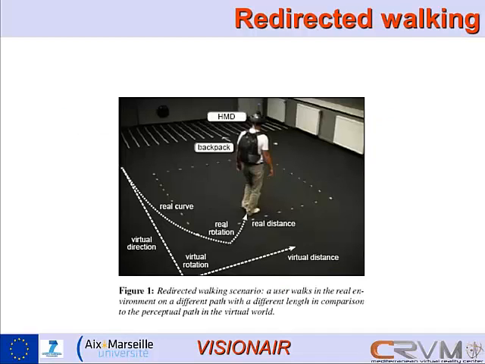I guess a well-known example, I'm thinking also of UCL presentation a few months ago at UCL here in Visionnaire, using redirected walking, which is in fact the idea that you make the subject do circular motion while he thinks he goes straight. So in a way you trick the system.